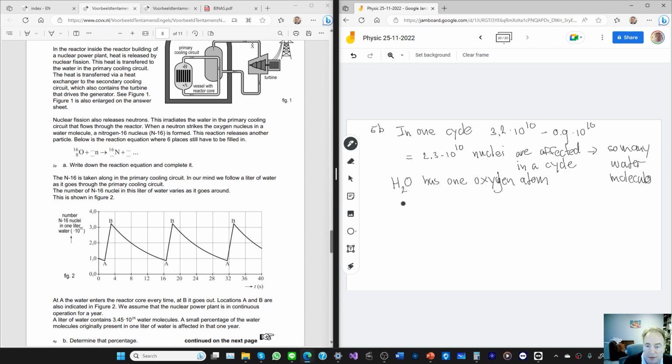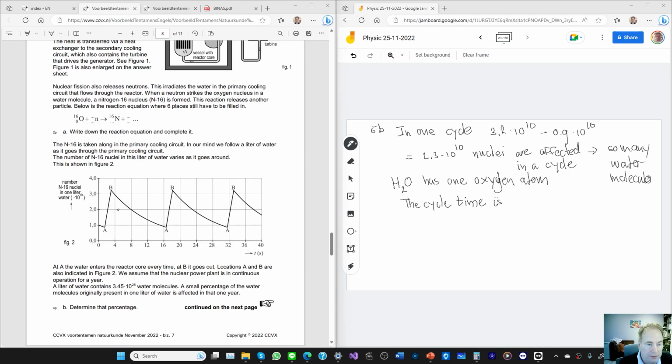And the cycle time is, well, let's start at 0 here and see when it's back at 0. So this is 1 cycle, another cycle, and this is about 30.